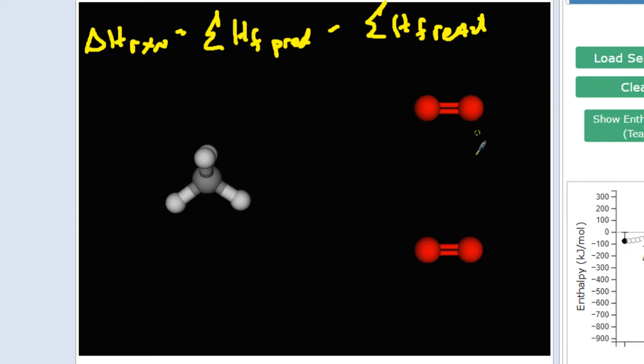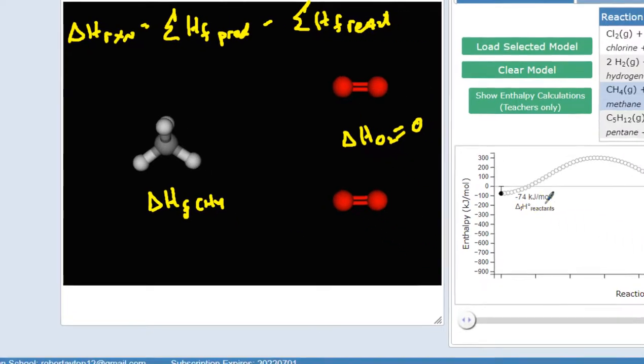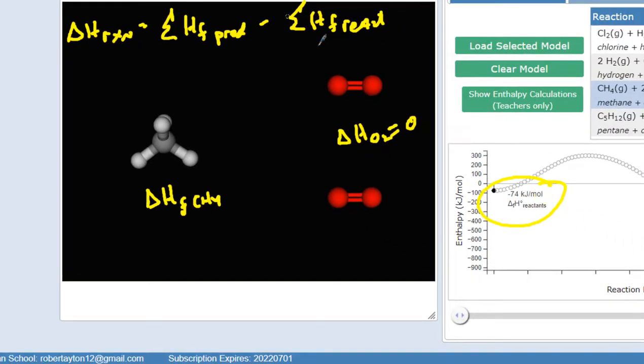Okay. If you take a look at O2, the enthalpy of O2, it's 0 because they are elemental substances. But the heat of formation of CH4 ends up becoming, I think it's like negative 74. Oh, yeah, it is. It's right there, negative 74. So negative 74 kilojoules per mole for my reactants.